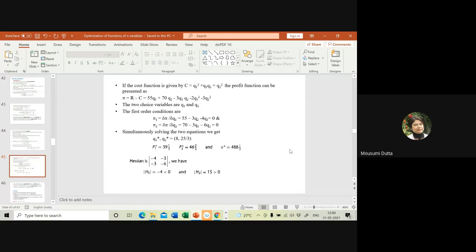Whatever value is the right one, you have to do the things in that. Ma'am, if we get 23 by 3, then P1 star is 39.33, P2 star is 46.66. Okay. And pi star will be very close to this.